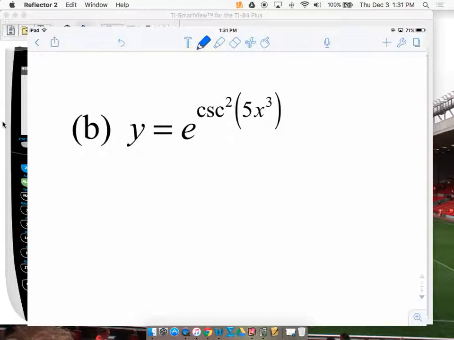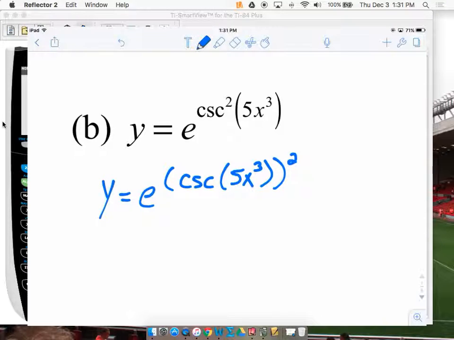Okay, how would I rewrite that? Probably chain rule here. So I have cosecant squared of 5x cubed. So I'm going to have cosecant of 5x cubed squared.